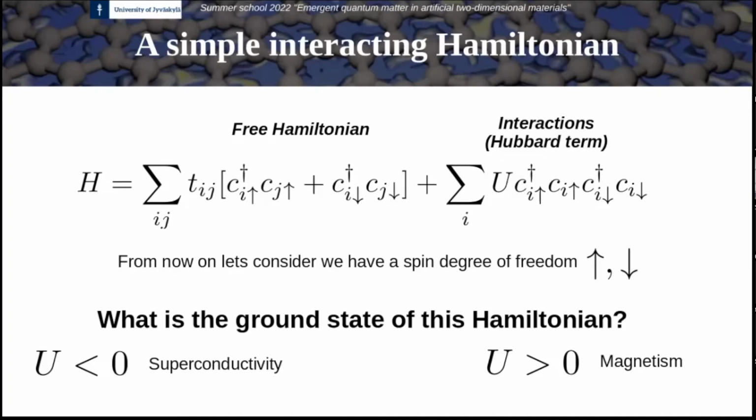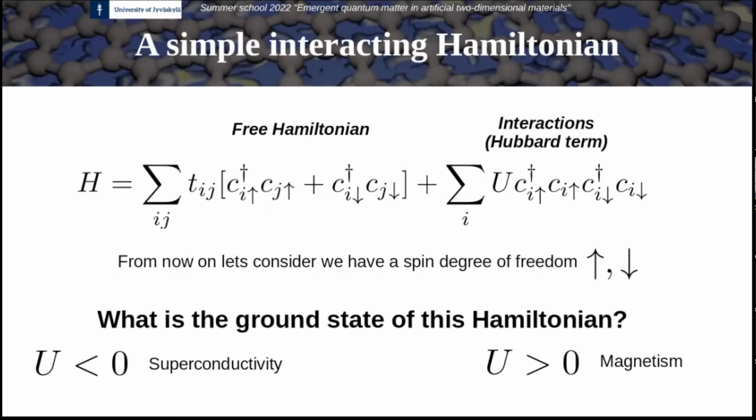So if you take this Hamiltonian, just with the simplest electronic interaction, you can find 2 paradigmatic electronic states just by changing the sign of the interaction. If you take U smaller than 0, which is attractive interactions, you can directly find superconductivity in this model. If you take U bigger than 0, you can get magnetism.